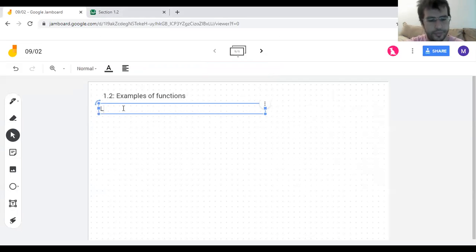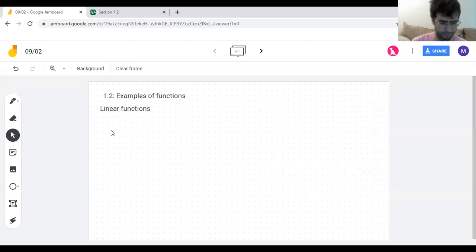Basically, the first example is linear functions. Linear because their graphs look like a straight line. So what's a linear function? A linear function is a function that looks like this.